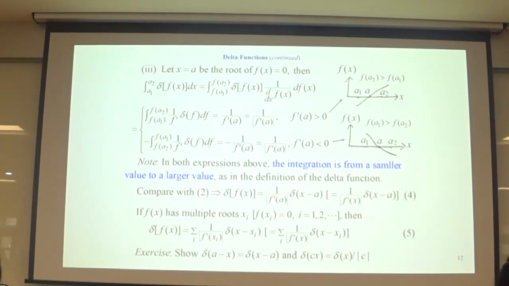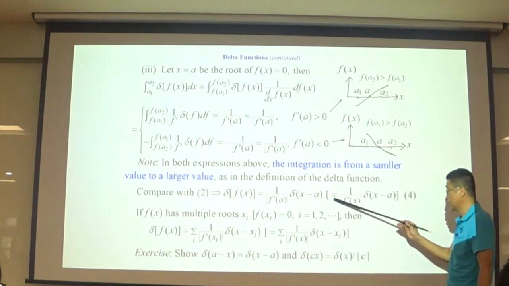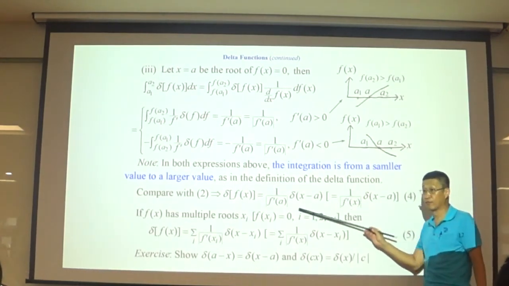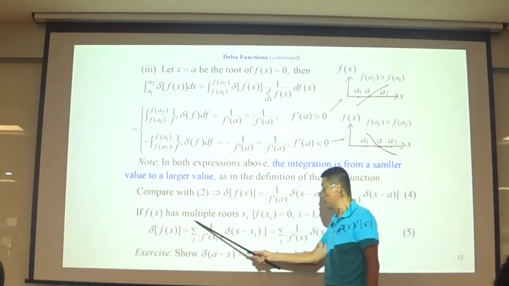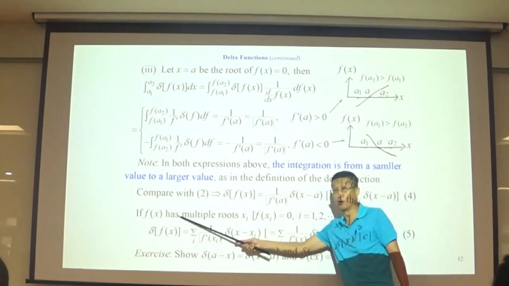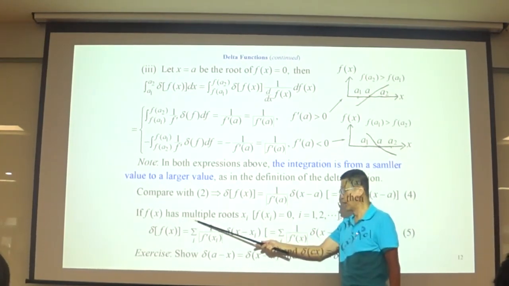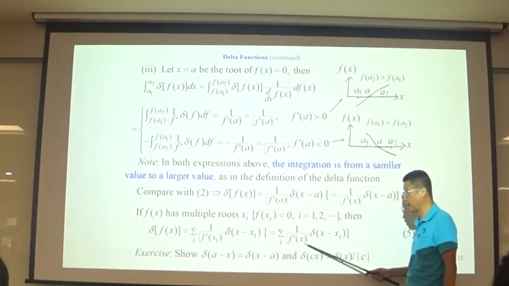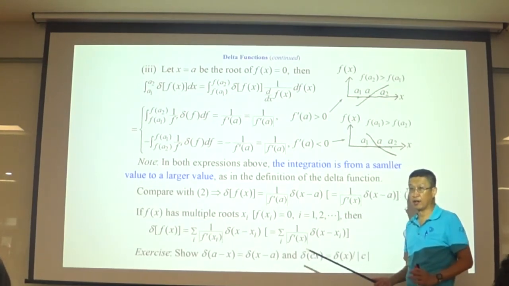Okay? So compare with this one, delta of f of x is similar to this one. If f of x has multiple roots, more than 1 root, in that case, congratulations, you need to deal with this one. At this moment, you don't have to worry.